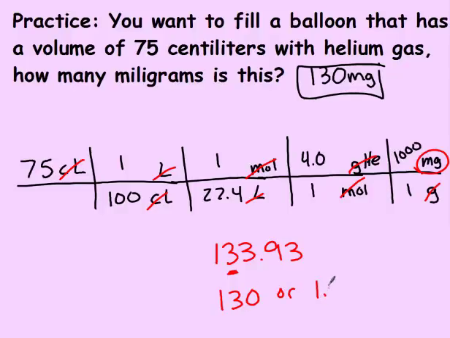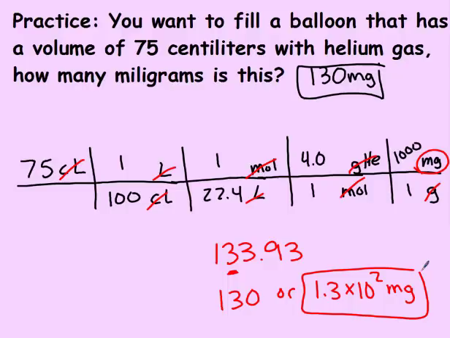Or I could have said 1.3 times 10 to the 2nd. Because both of these answers have 2 sig figs. But I couldn't leave it as 13 or 133 or 134. Those have too many sig figs or are not the same number.